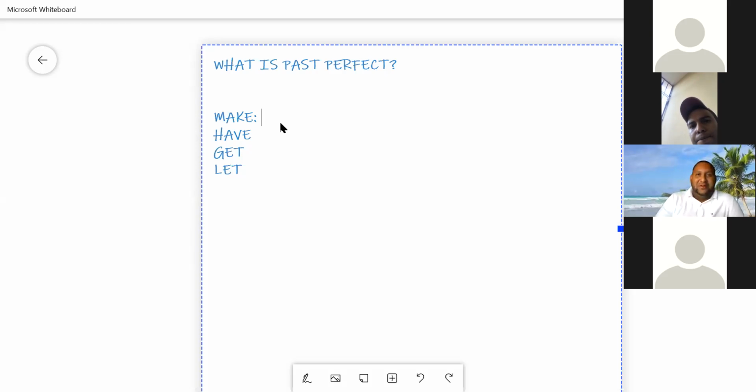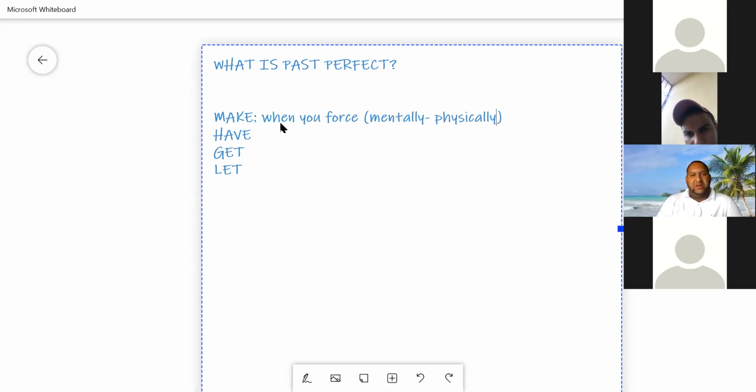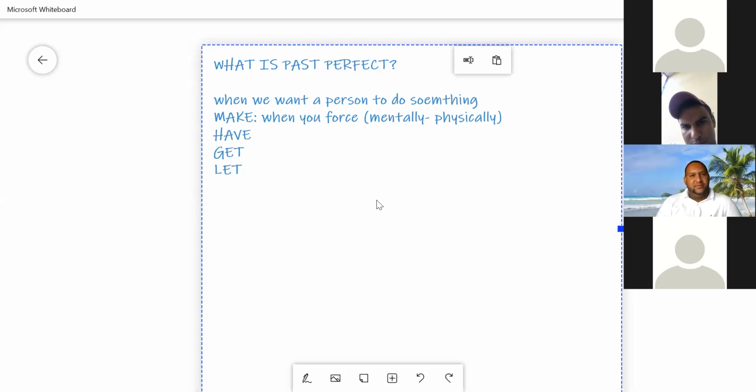Now, okay, let me write it here. So when you force, it could be mentally or it could be physically, right? And remember, we use these verbs when we want a person to do something for us.